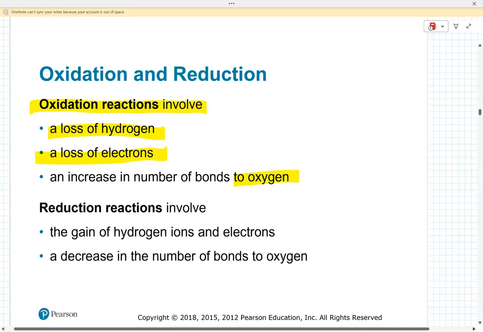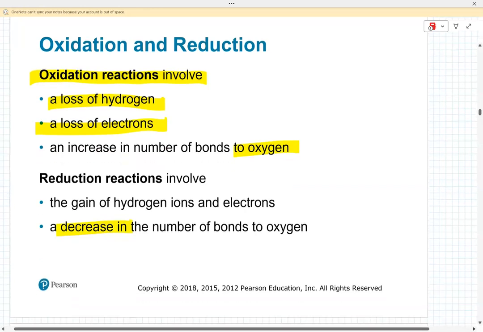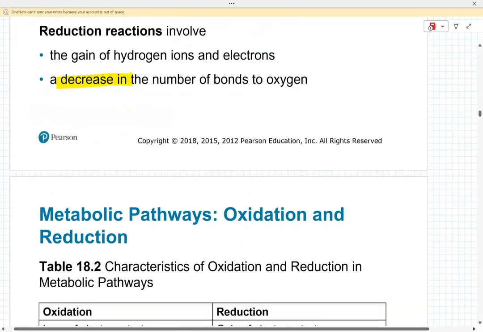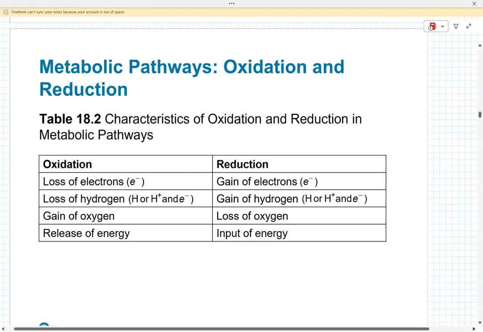Reduction reactions include quite the opposite: the gain of hydrogens, the gain of electrons, or a decrease in the number of bonds to oxygen. This table summarizes the difference. Here's what I want you to understand. When you oxidize something, energy is released. When you reduce something, you put energy in.